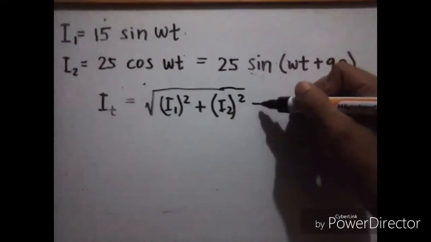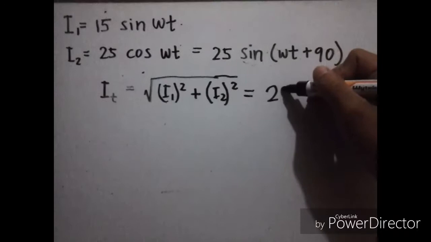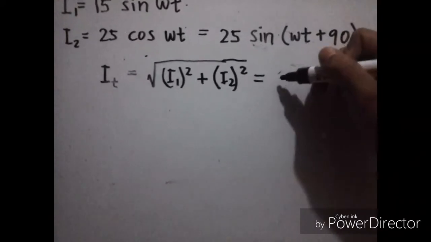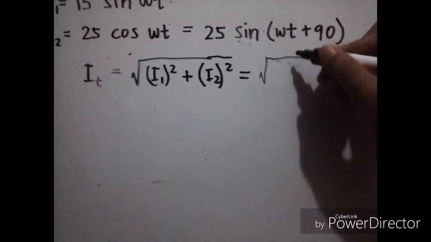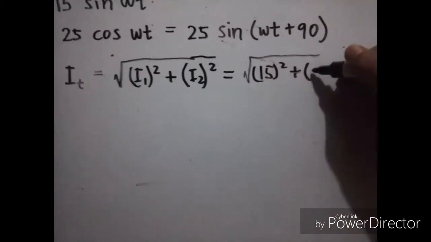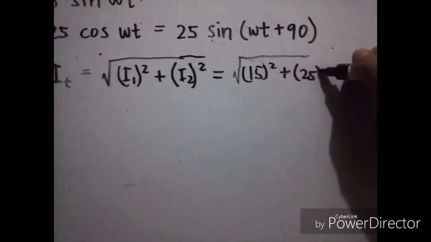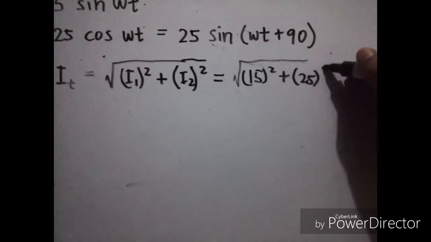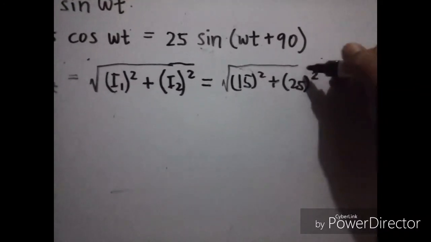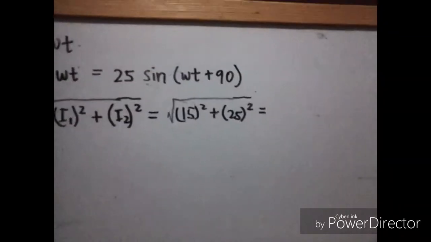Let's plug in the values. Now the 15 must be first because it's I1. IT is equal to the square root of 15 squared plus 25 squared. Let me take my calculator.